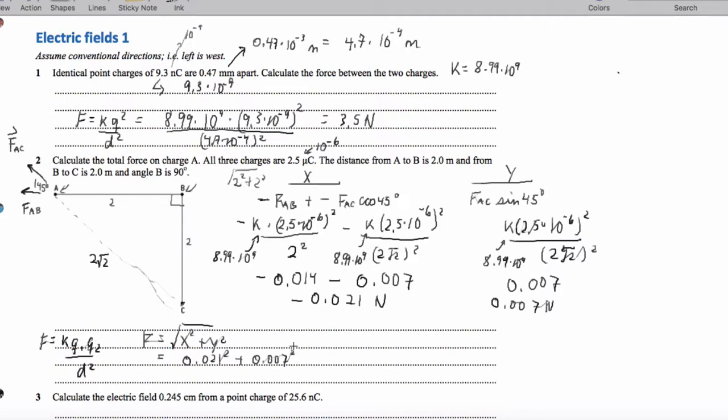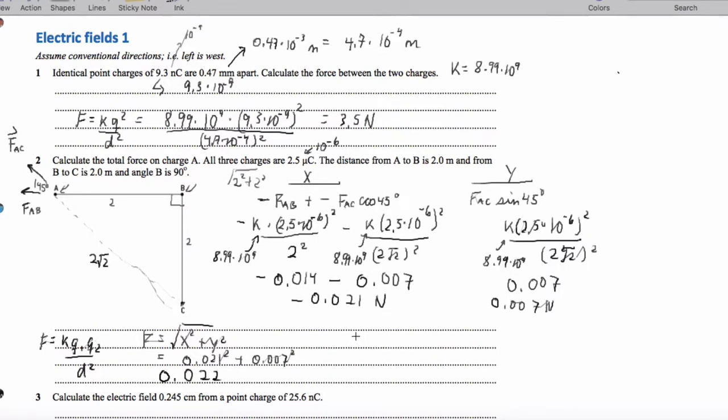And then we'll just take the square root of that, and we should end up getting about 0.021. I got 0.022.